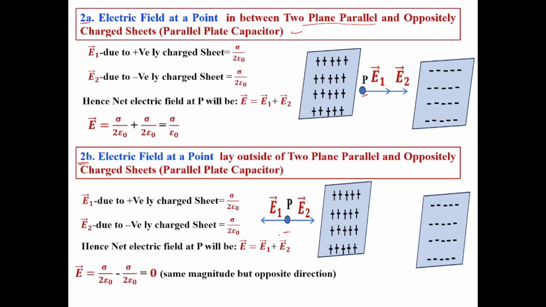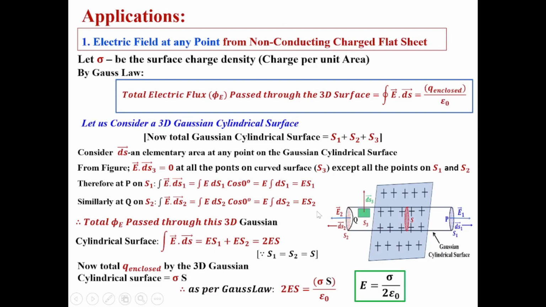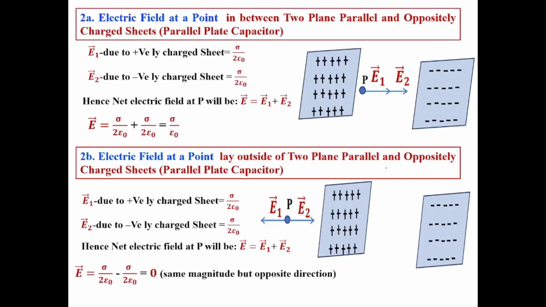Okay, so here you can see for any charged sheet, we found at any point, either P or Q, the electric field intensity value is sigma by 2 epsilon 0, right? So in this case there are two sheets, this sheet is charged by a positive charge, and this one is your negative charge.